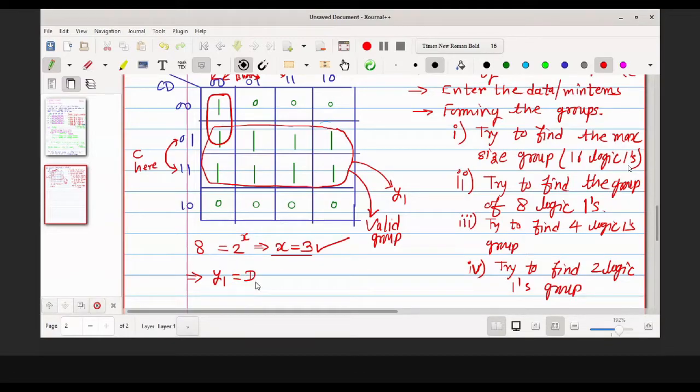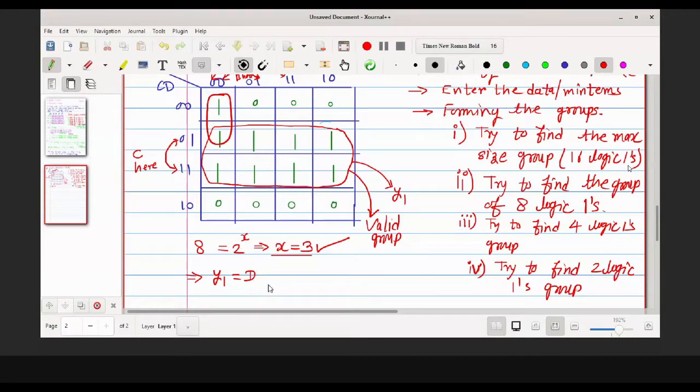Because A is changing from A to A bar, so it is A bar plus A, or A plus A bar, which is equal to 1. The same thing happened with B, B plus B bar is equal to 1, and with C also the same thing is happening. Therefore A, B and C, all these three variables I can throw out.